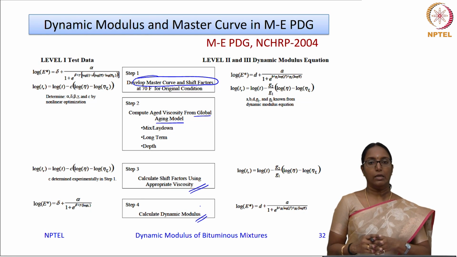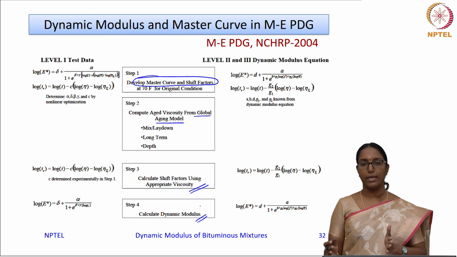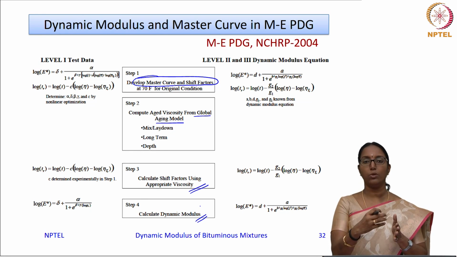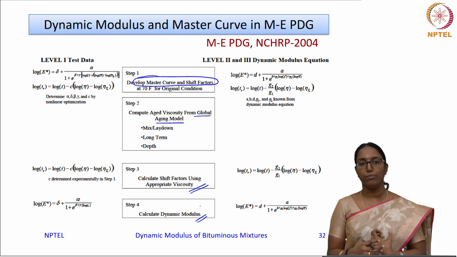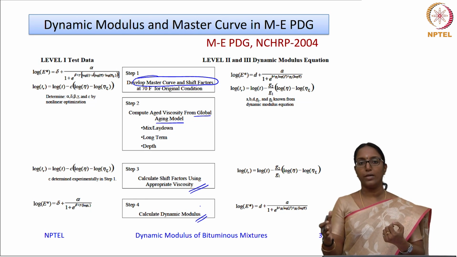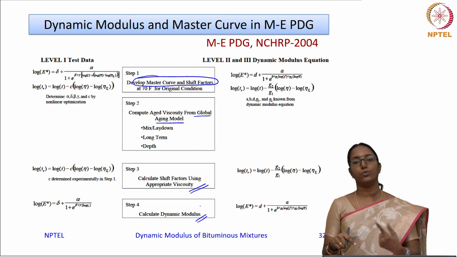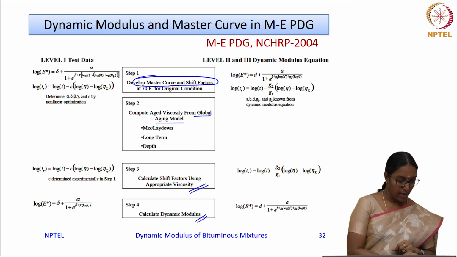So, when you do an analysis over say 20 years or 15 years of time, at every instant of time, according to the kind of loading and according to the temperature at that instant, the modulus will be taken from the dynamic modulus master curve, and as the age passes, you have to incorporate the effect of aging also, and the modulus value has to be appropriately corrected. So, this is the whole process that is being done in MEPDG.